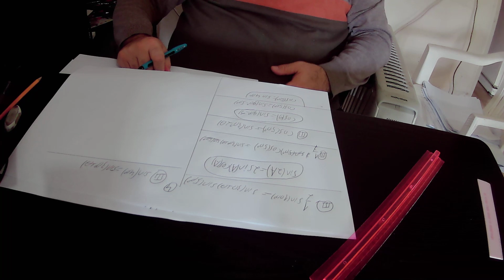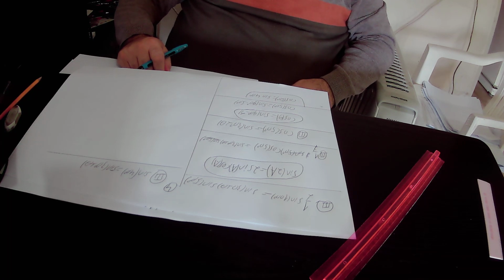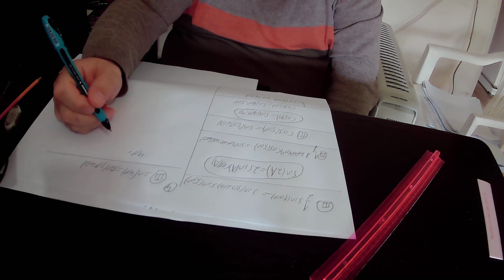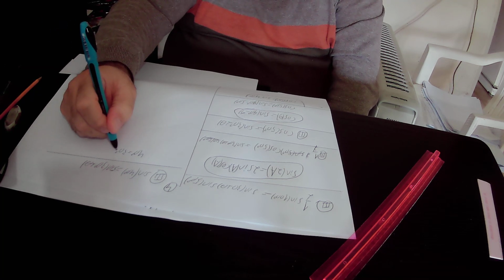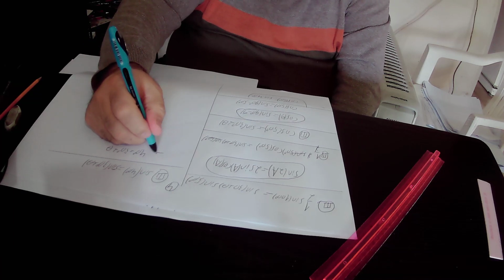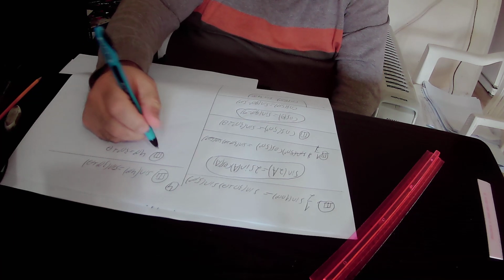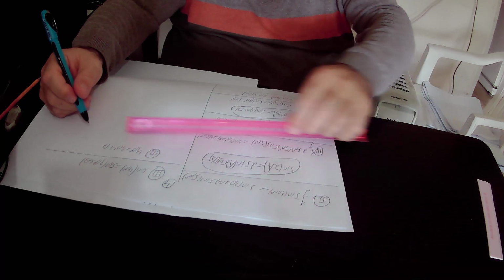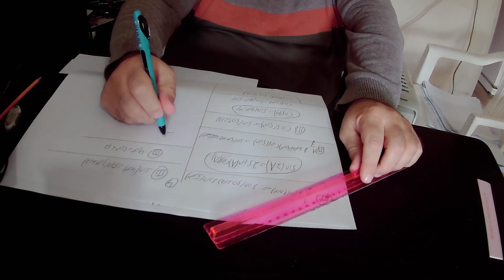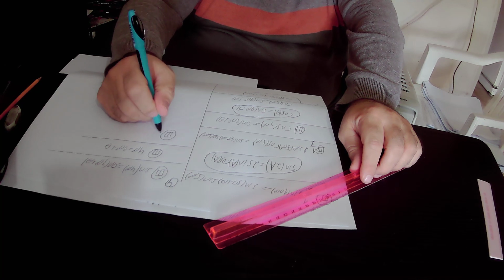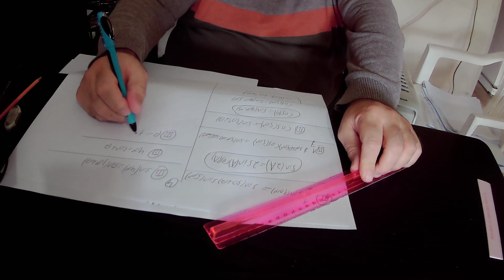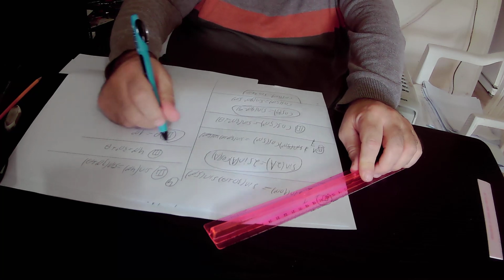Sine 40 degrees equals sine 30 degrees plus theta means that 40 degrees equals 30 degrees plus theta. We will subtract 30 degrees, and we will get that angle theta equals 40 degrees minus 30 degrees, which is 10 degrees. So we found out that angle theta equals 10 degrees.